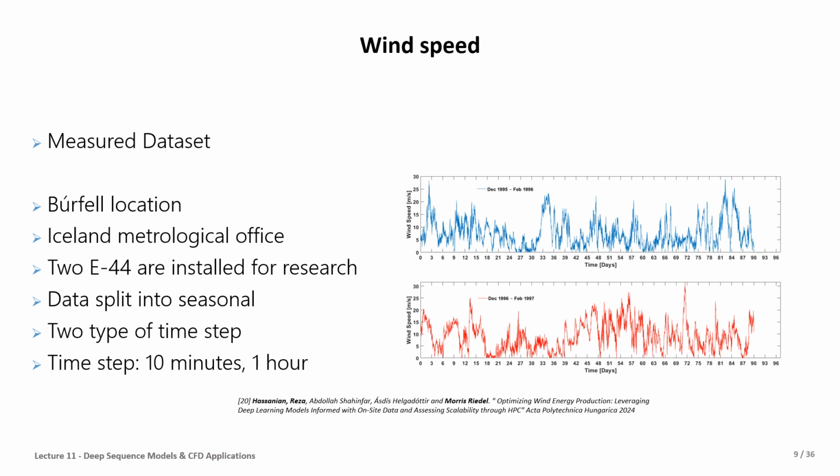When we look at the blue and the red figures here, we can say there is no correlation or similarity between them. It is random and non-linear, so we need to predict this. The idea is to have, for example, a measurement for this year, and then try to predict the next period.